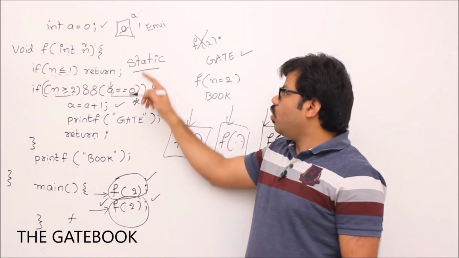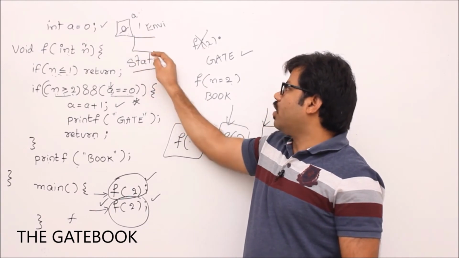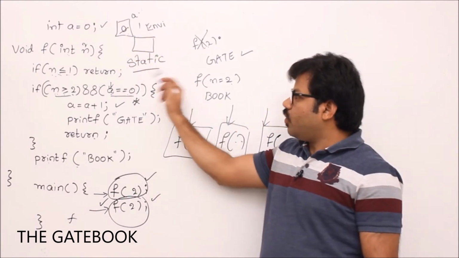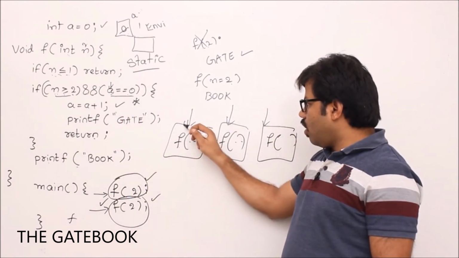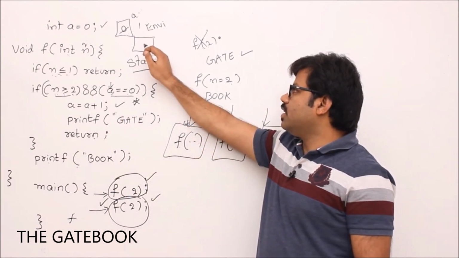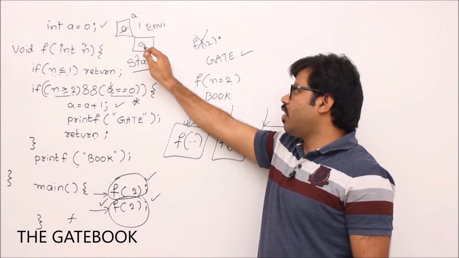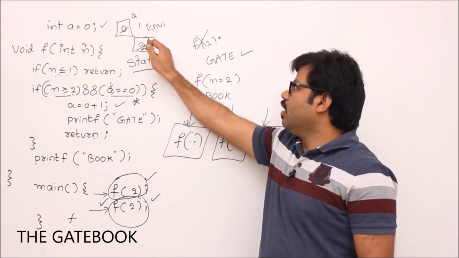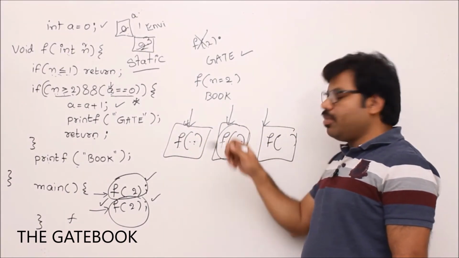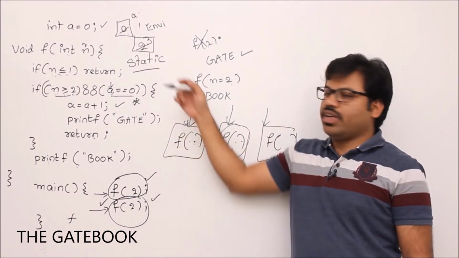That means it is going to live forever, right? With such a static variable, the first call might change its value. For example, there is one static variable whose value is 2, and this function may change it to 3. Because of that, another call will behave in a different way.